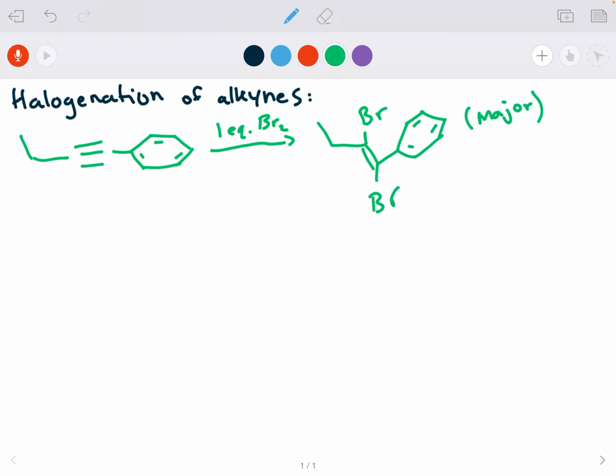If, however, I use excess of the halogen, so I have excess Br2, I will reduce all the way down to the alkane.